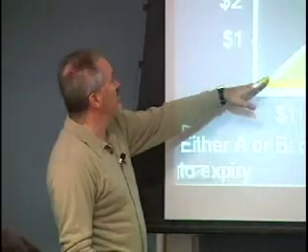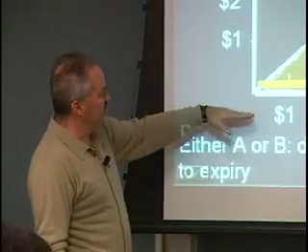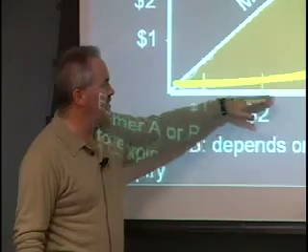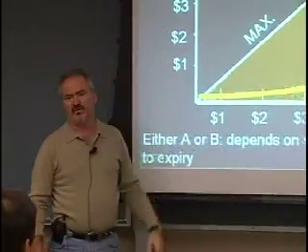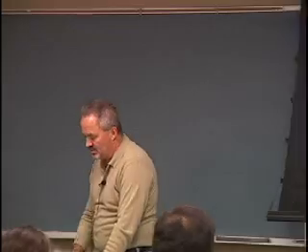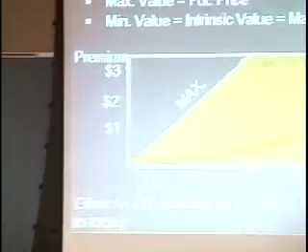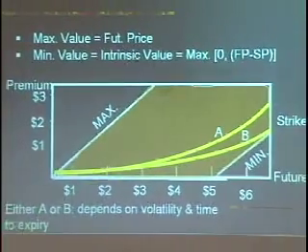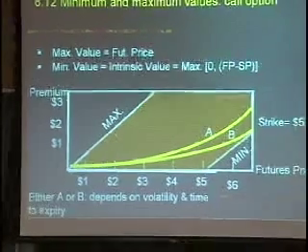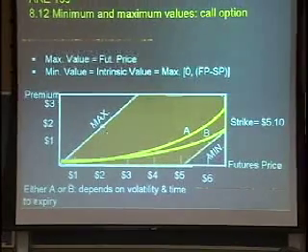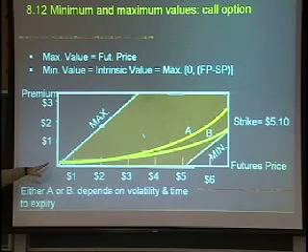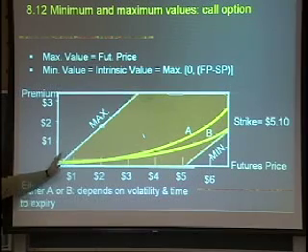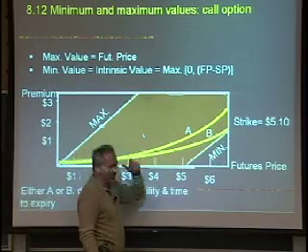So if the futures price goes this direction on the horizontal axis and the premium goes this way, then the maximum will be along that 45-degree line. That's the most anybody would pay for a call option. If the futures price is $2, the most you'd pay for the premium is $2. So that borders one side of where the premium might lie. The premium can lie anywhere in this gold area.